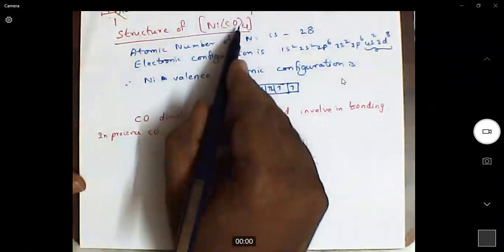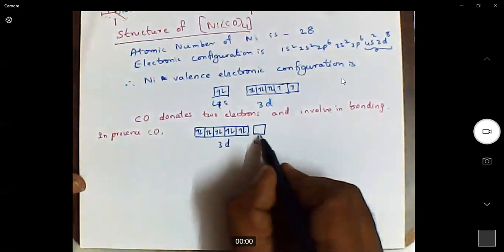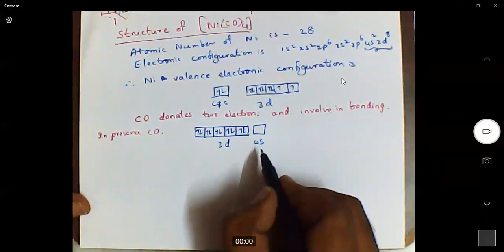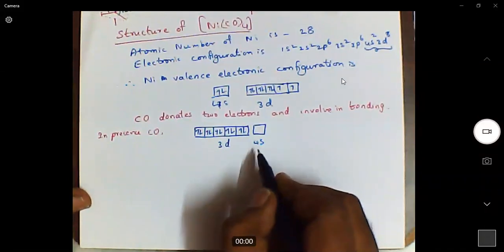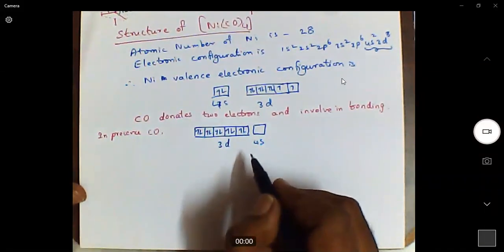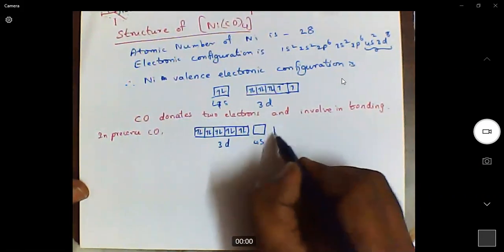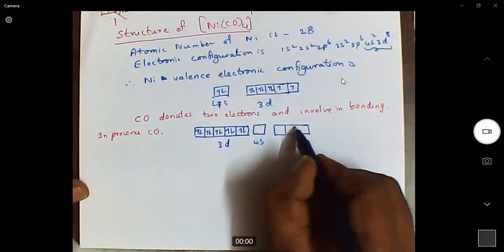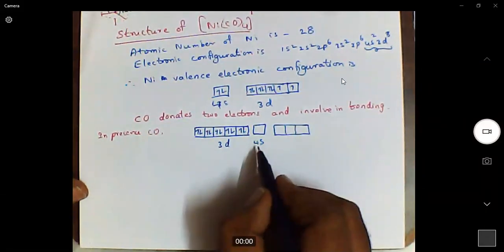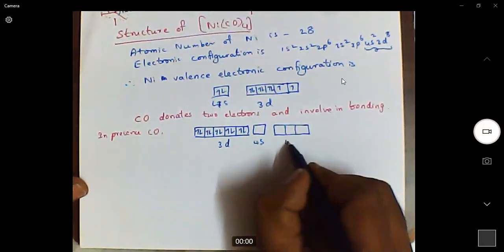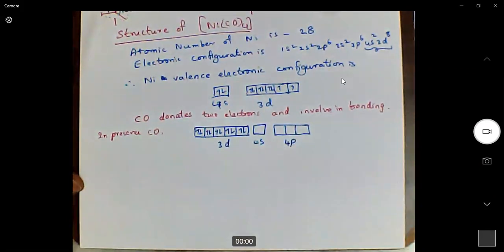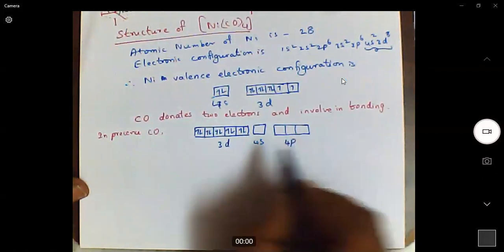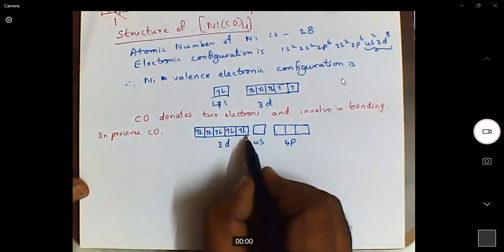There are 4 carbon monoxide molecules, so we need 4 such empty orbitals. 4s is only one empty orbital, so we need 3 more orbitals. What is the orbital after 4s? After 4s, electrons will enter into 4p. So there are three empty orbitals in 4p because electrons are filled up to 3d only.